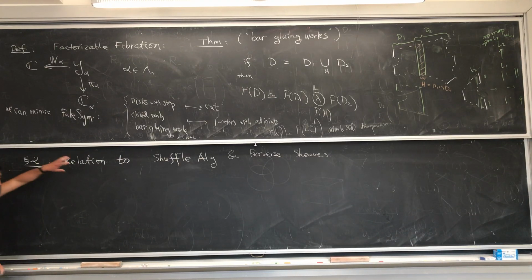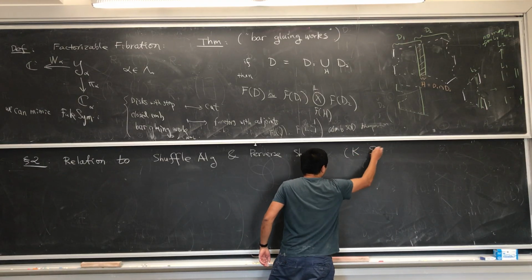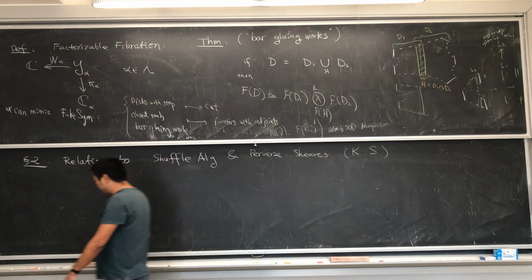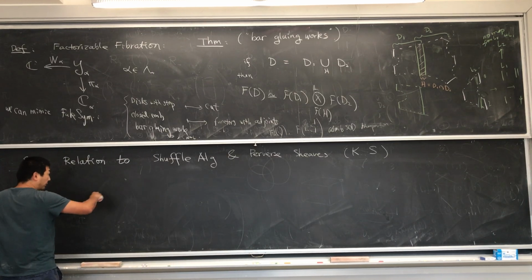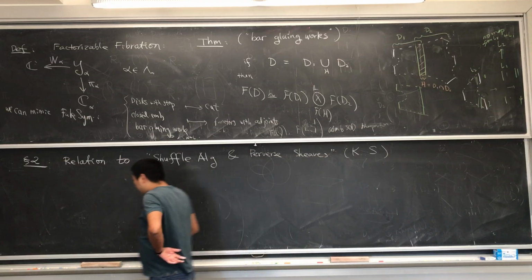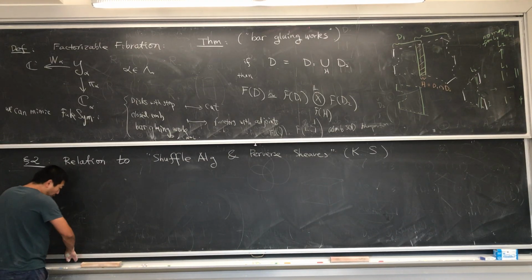So this is a Kapranov-Schechtman paper; it refers to that paper. So we can first think about what is a shuffle algebra.